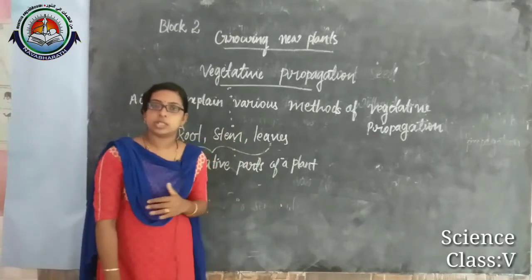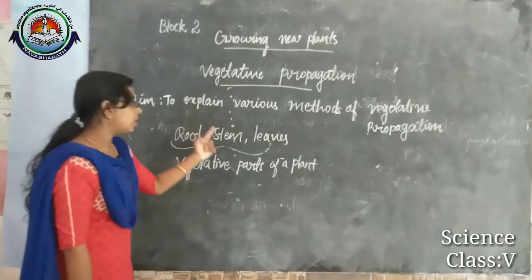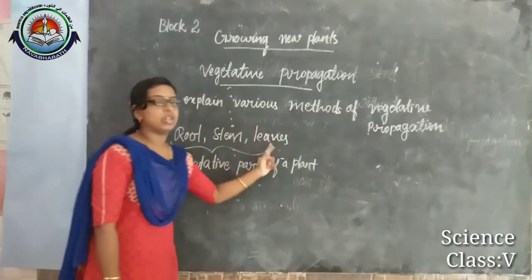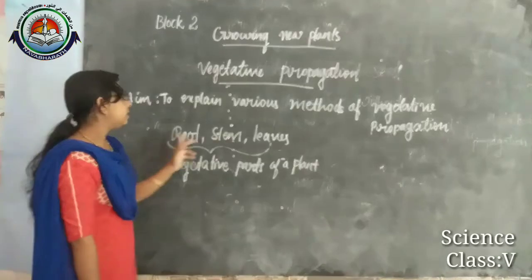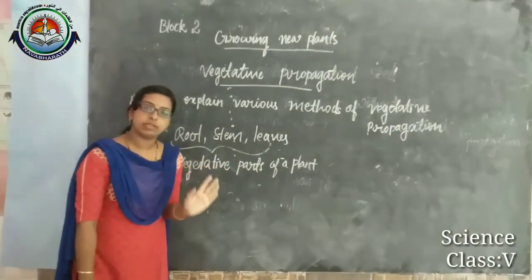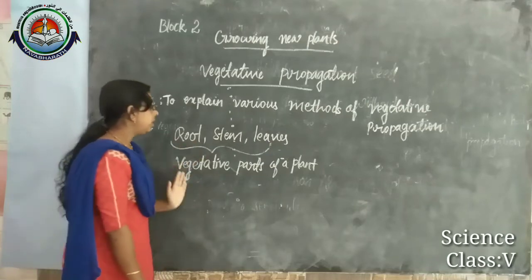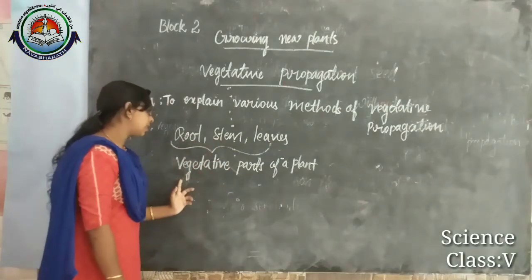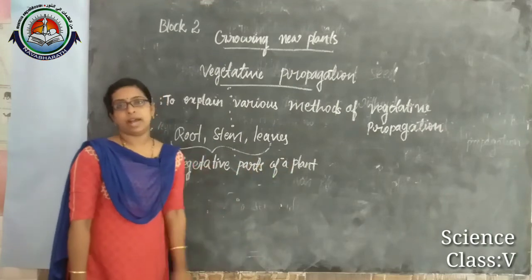What are they? Root vegetative propagation, stem vegetative propagation, and leaves vegetative propagation. Root, stem and leaves are parts of a plant, and these parts we can consider as vegetative parts of a plant.